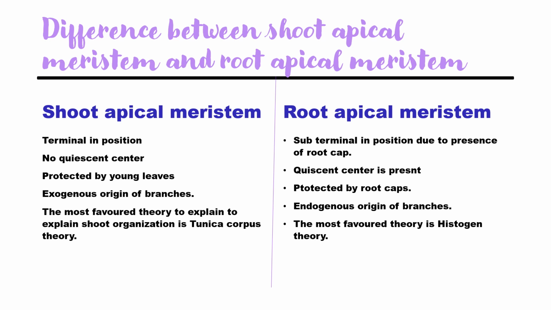The SAM is always protected by young leaves, and root apical meristem is protected by root caps. Branches which originate from the shoot apical meristem are exogenous, whereas in root apical meristem they are endogenous. The most favored theory to explain shoot organization is the tunica corpus theory, and the most favored theory to explain root apical meristem is the histogen theory.